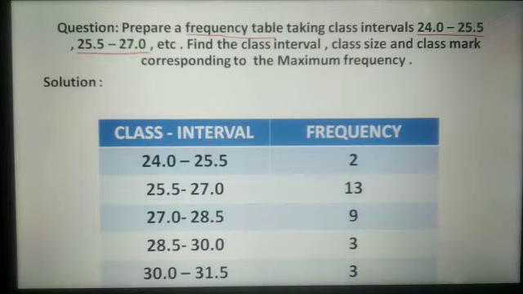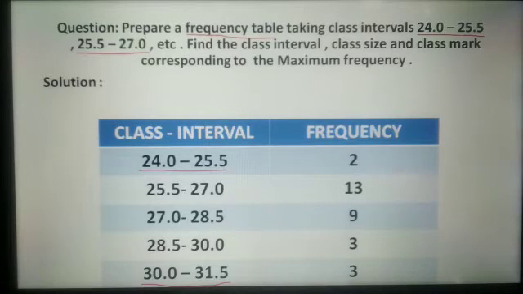30.4. So we have to make the classes in such a way that the first class includes the minimum value and the last class includes the maximum value. If we take the first class as 24.0 to 25.5, we can see it includes the minimum value, 24.9.